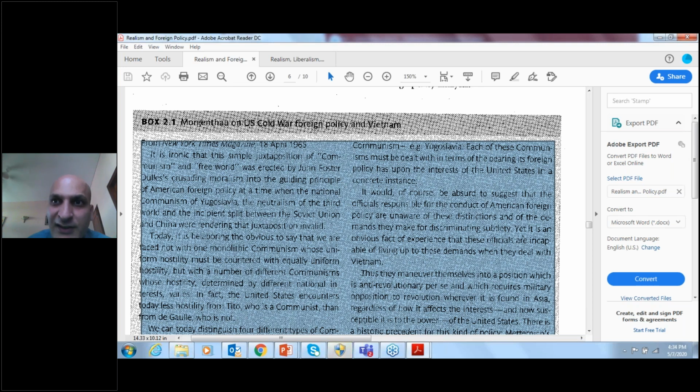So Morgenthau said that even if Southeast Asia turns communist, that is not our main problem. Why? Because according to realism, we have to focus on where the power lies. And where is the world's power? The world's industrial power is either in North America or in Western Europe. And nowadays it is in East Asia, that is in China, Japan, Korea, Taiwan.